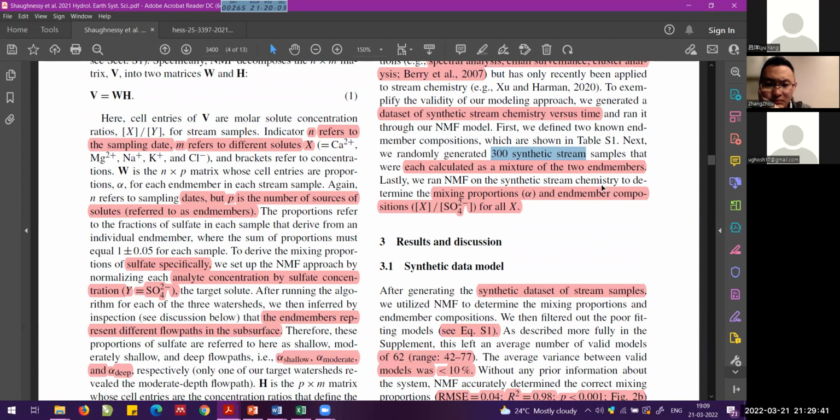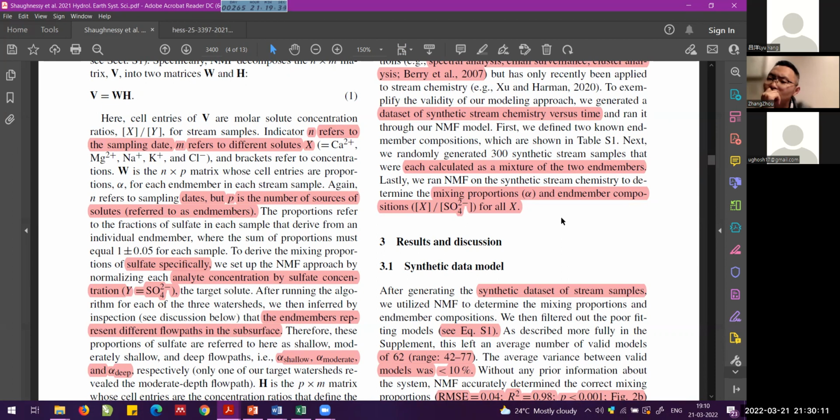Then after the model is trained, they are giving the stream chemistry, the stream composition, as an input, and the outputs are the N member composition and the different proportions in which they are mixed. So initially they are giving a synthetic data set: 2 N member compositions, mixed in different proportions, giving a particular stream chemistry.